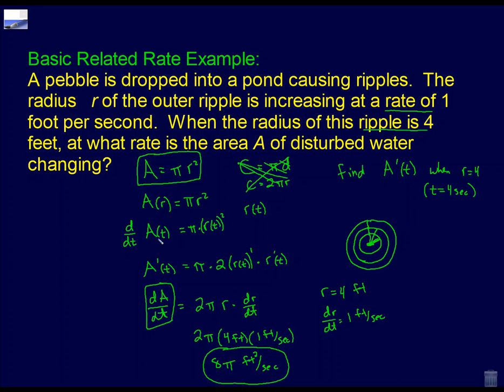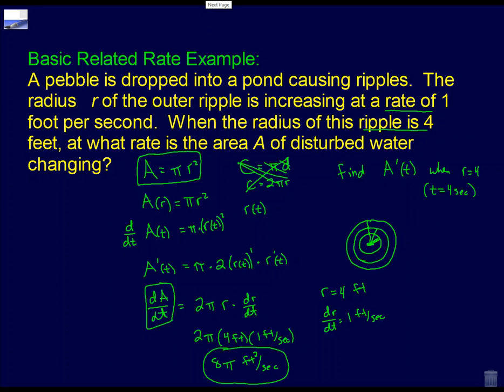So the derivative of A of t is A prime of t, or I could write it as dA/dt. The derivative of pi r squared is 2 pi r times the derivative of r. Because remember, r is a function of time, so we need to use its derivative also. And now my answer is 8 pi square feet per second.